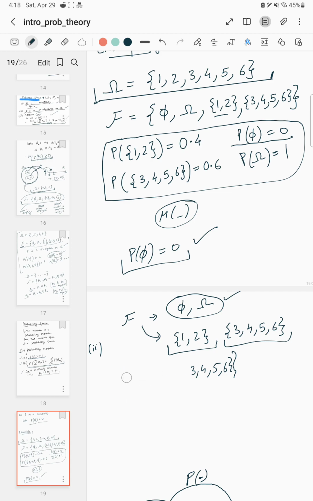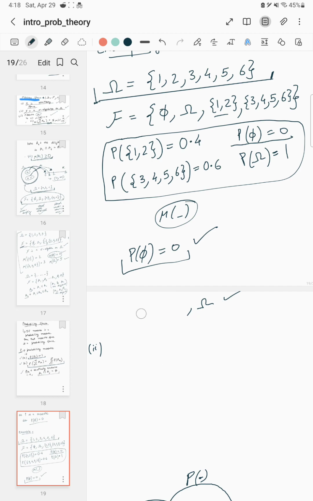Now let's see if P satisfies the extra property of P of omega being equal to 1, and we can see that P of omega is also equal to 1.